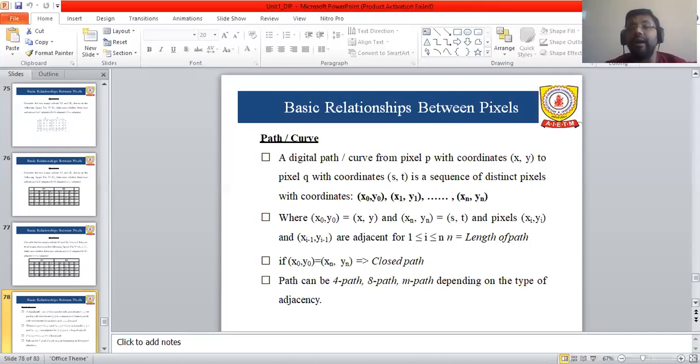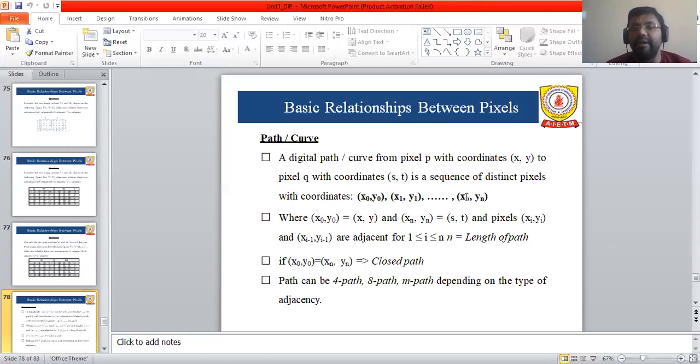So all these are the intermediate points in between x comma y and s comma t, which are the starting and ending pixel coordinates.